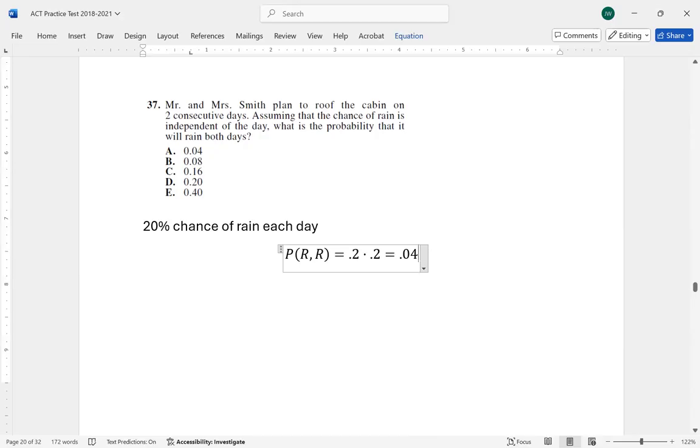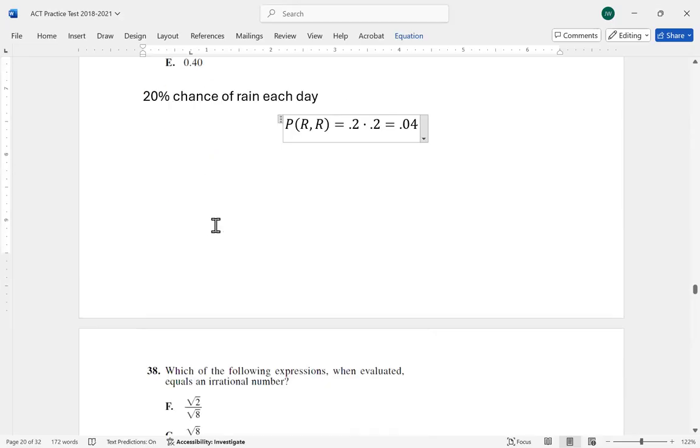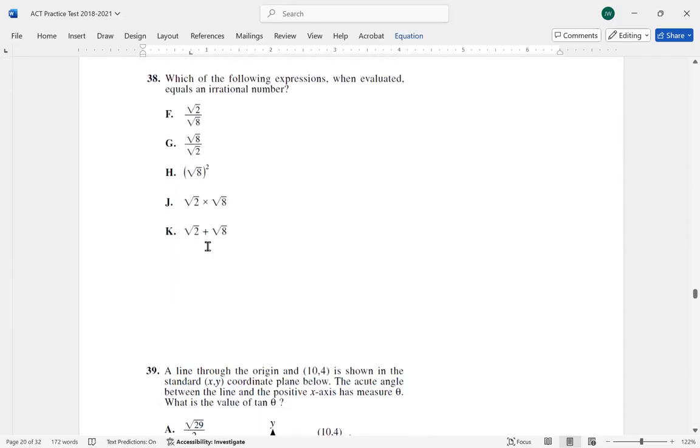And so the probability that it will rain on both days is 0.04. So the answer to question 37 is option A. So those are the three questions for the diagram. Now we move on to the other questions.